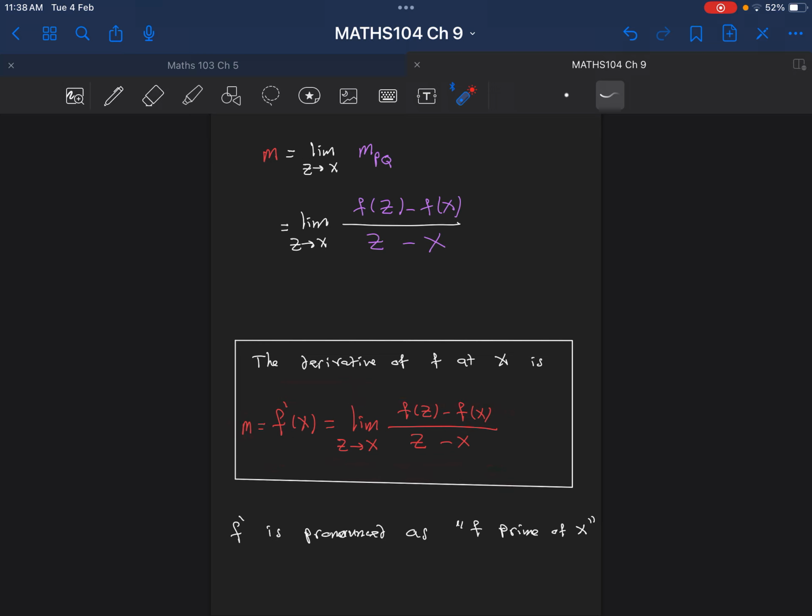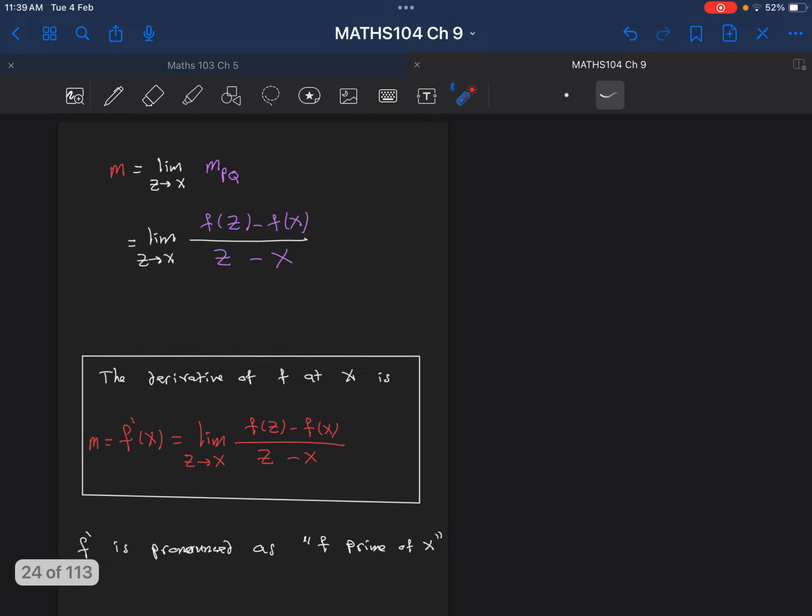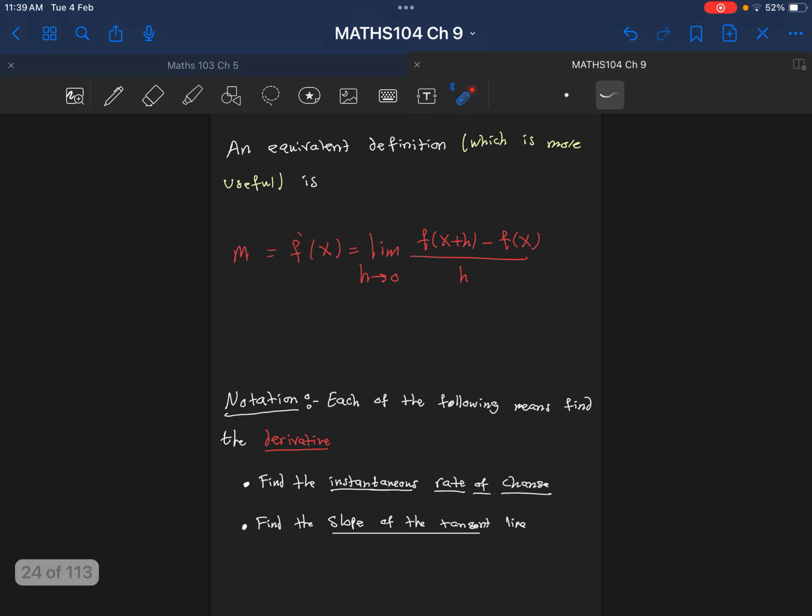Of course, this is a bit complicated, especially later on when we do examples. The denominator is a little too complicated. So what we will do is use this formula, which is the same as the previous formula, except instead of writing z, I will write x plus h.